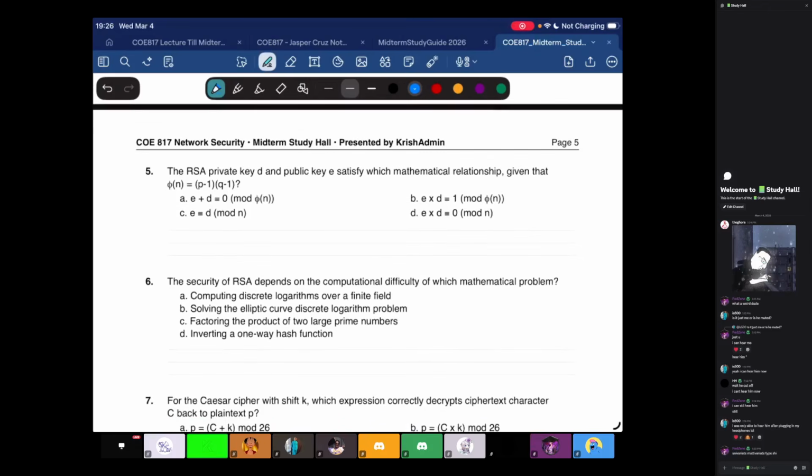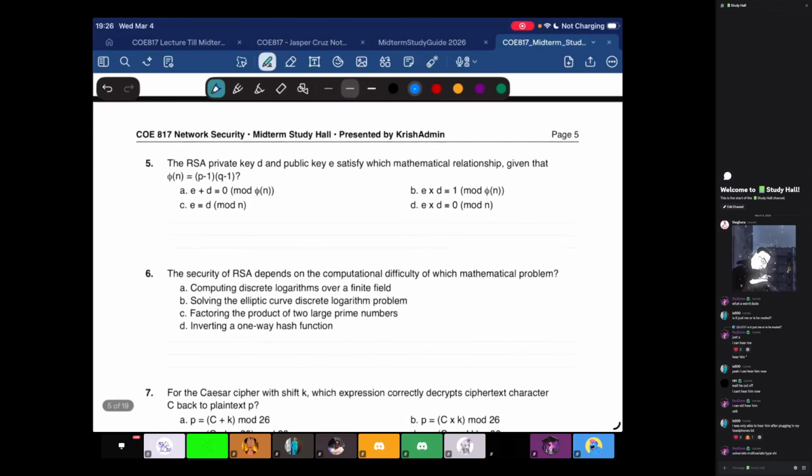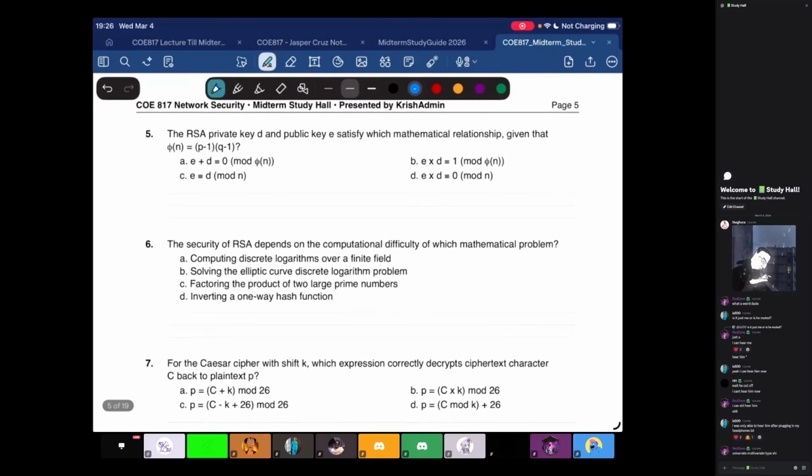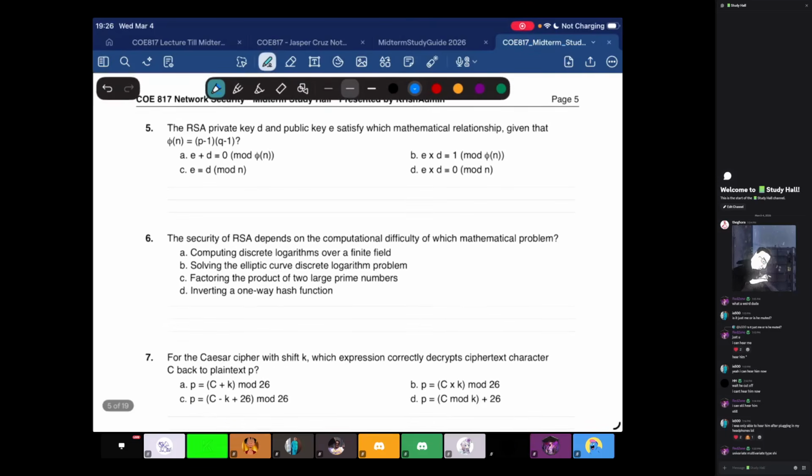Okay, another interesting question. The RSA private key d and public key e satisfy which mathematical relationship, given that phi of n is equal to p minus 1 times q minus 1? So when you multiply the two, that's where the encryption comes in.